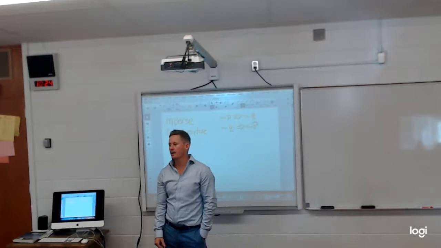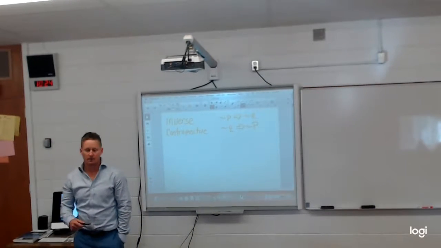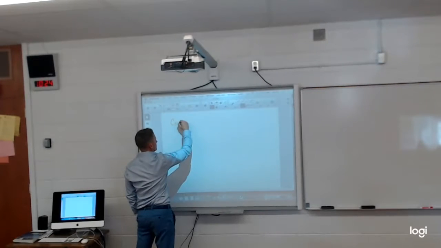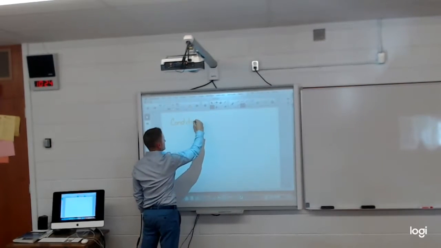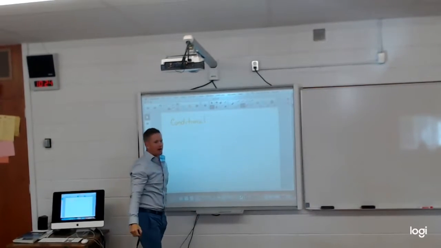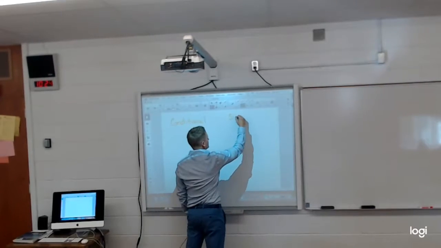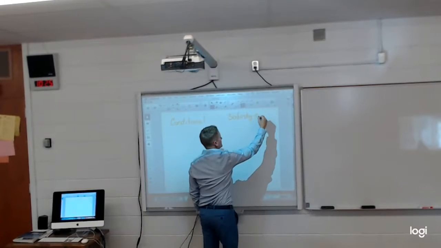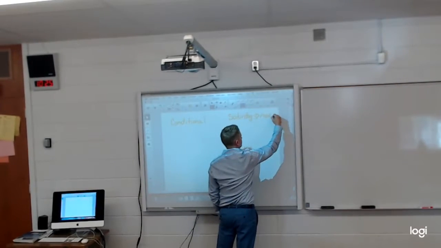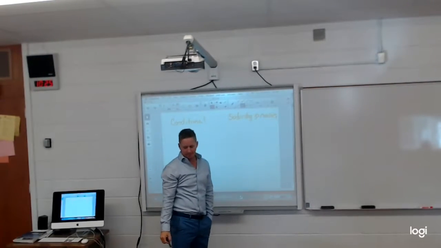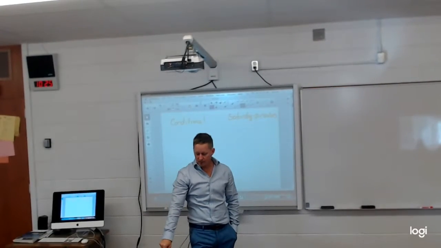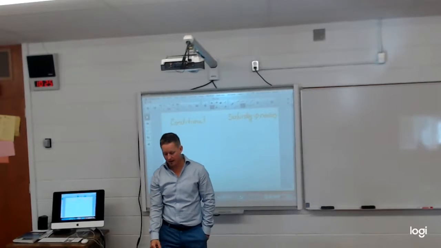So the conditional statement, P implies Q: Saturday implies going to the movies. Verify whether this conditional statement is true or false. Confirm your results with a Venn diagram.